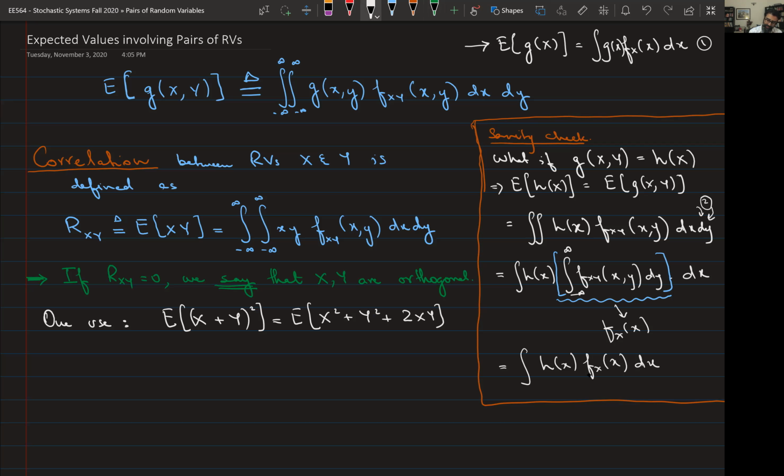And I know that expectation is a linear operator, so therefore this says expected value of x squared plus expected value of y squared plus 2 times the correlation between x and y. Right? Does it ring any bell?